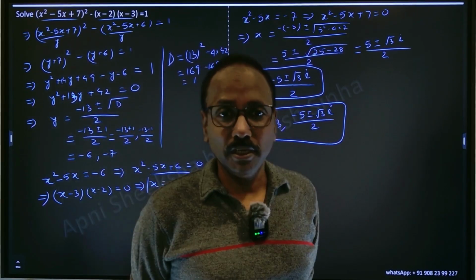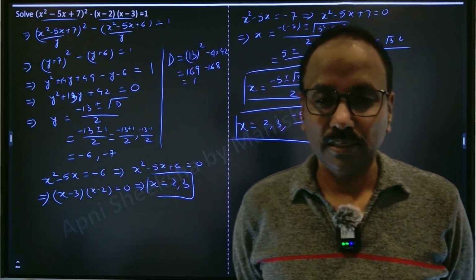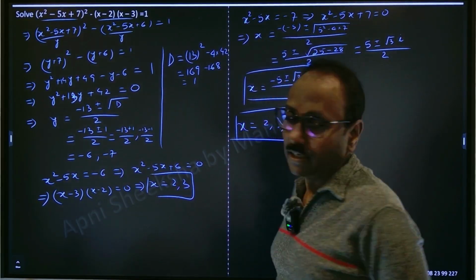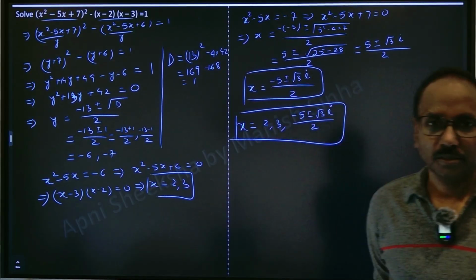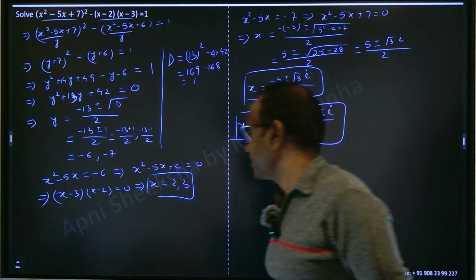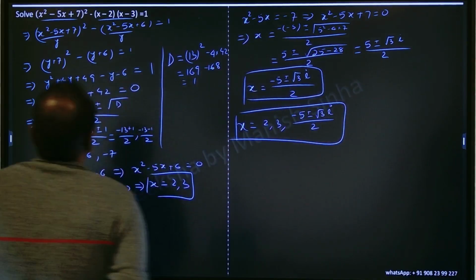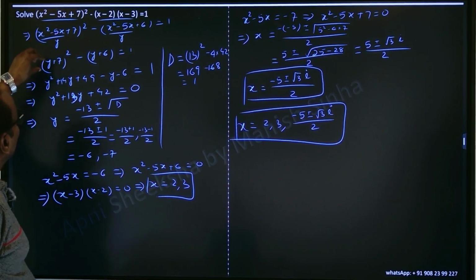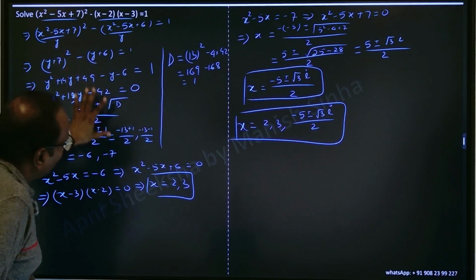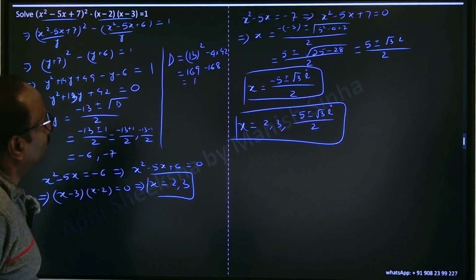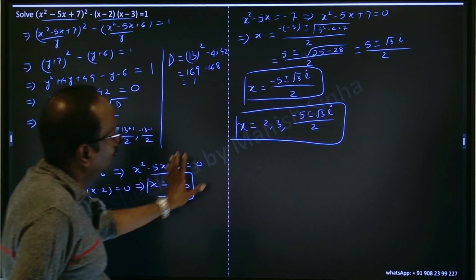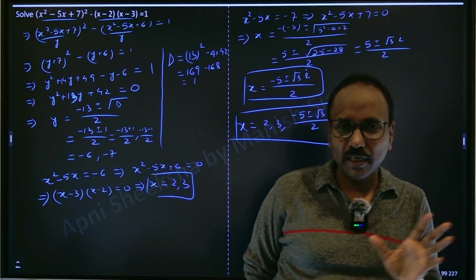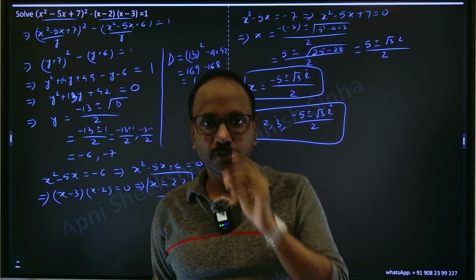So there should be 4 solutions for it. Out of 4 solutions, 2 are real and 2 are imaginary. By assuming x square minus 5x is equal to y, it has made it simple to look at the expression throughout the solving process. So that is the whole idea of equations reducible to quadratic.